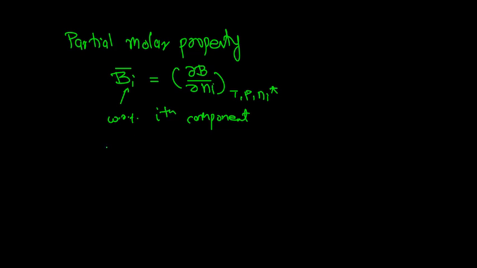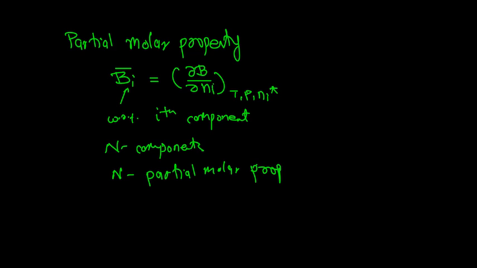So if you have n components in your system, then you will have n number of partial molar properties. Okay, and different partial molar properties defined with respect to different components will obviously be different.